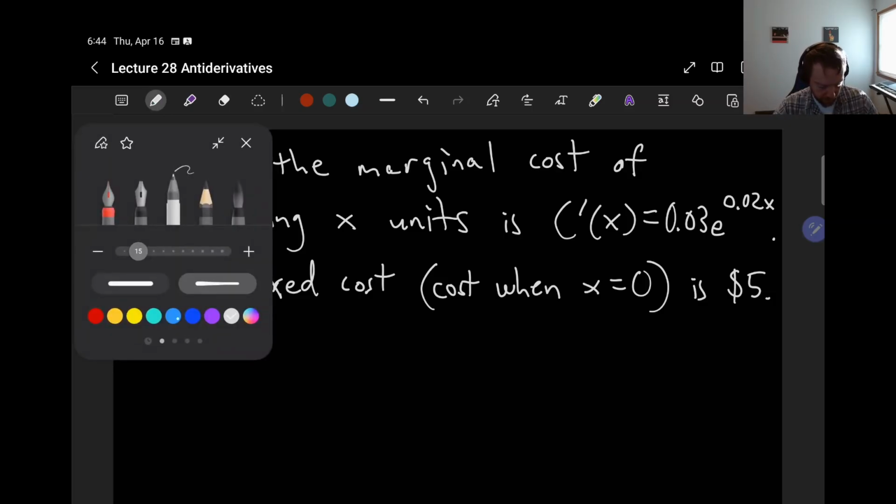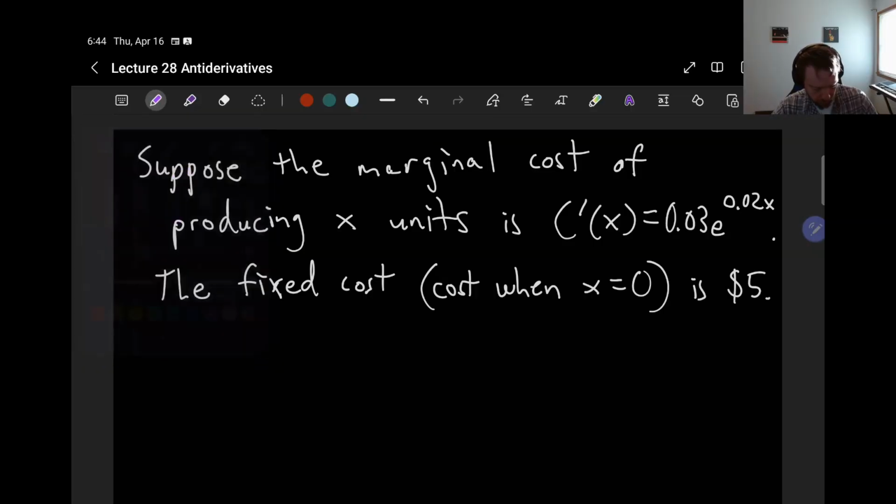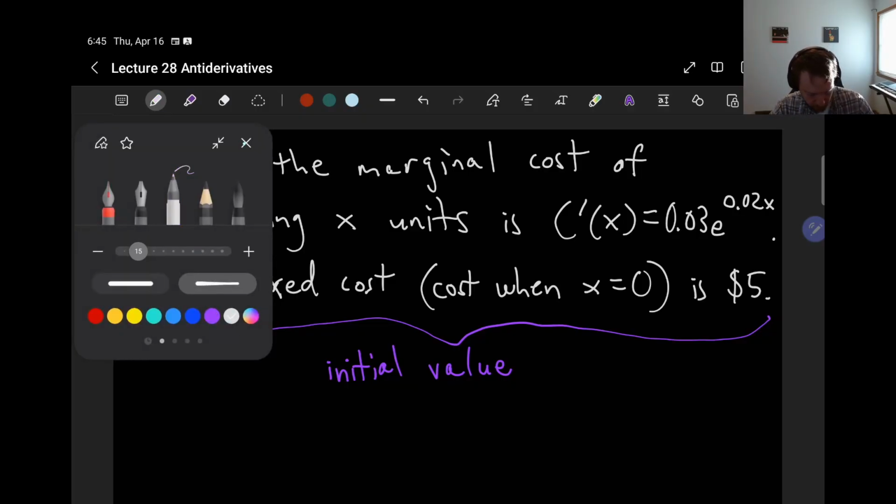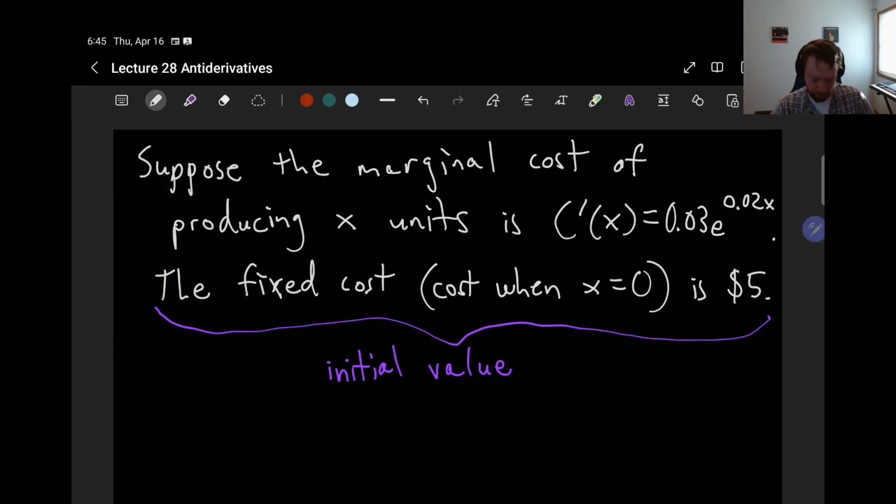And before I write the next thing, just want to point something out here. We call this the initial value. I think of it as some extra little bit of info at the start of the problem. And we'll talk about this in a bit, but I just wanted to point that out first.